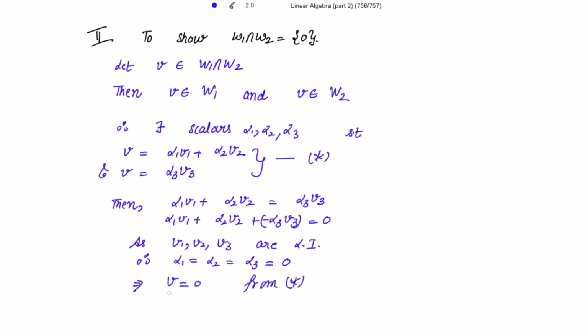V equal to 0 means V belongs to the 0 element. So therefore, from where we have taken V? From W1 intersection W2, and this V finally belongs to the 0 element. So which means W1 intersection W2 is a subset of the singleton set containing the 0 element.